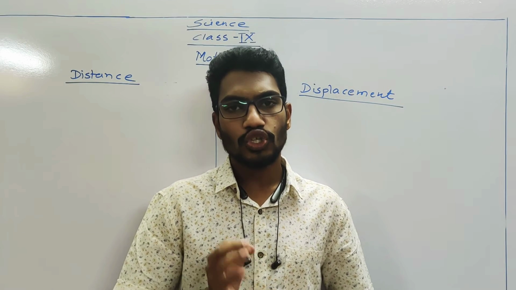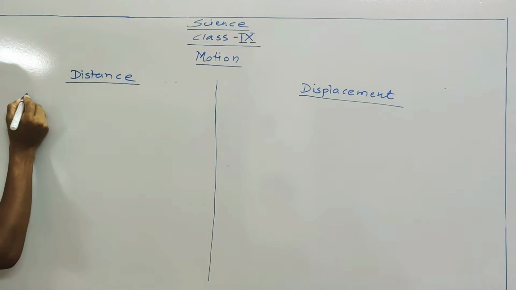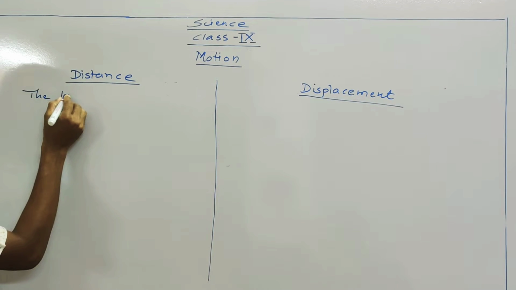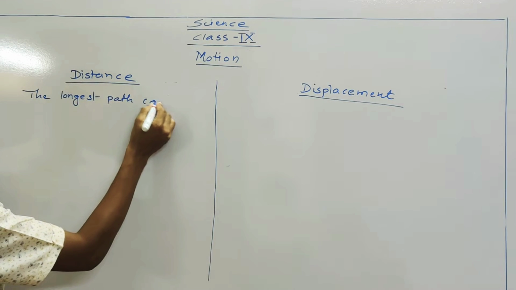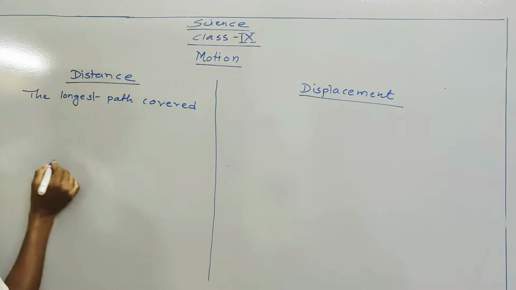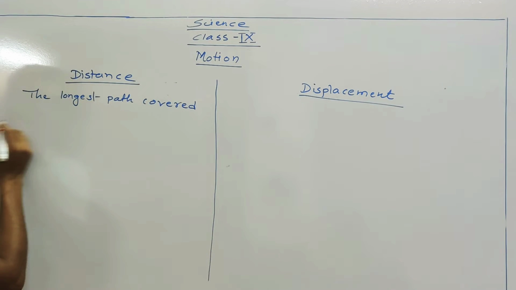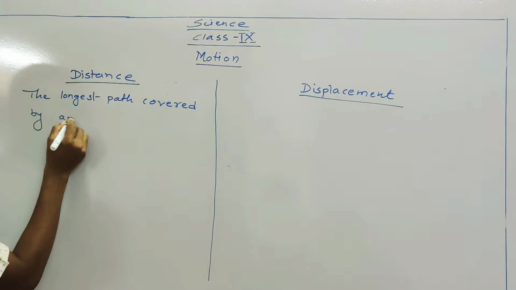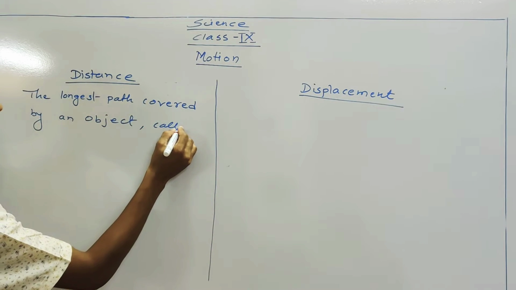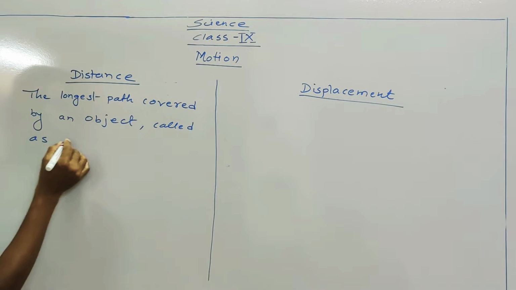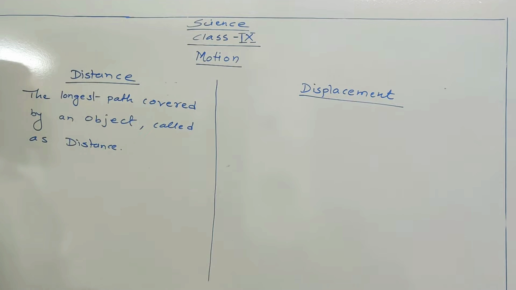Is it clear? So distance is nothing but the longest path covered by an object, called the distance traveled by that object.